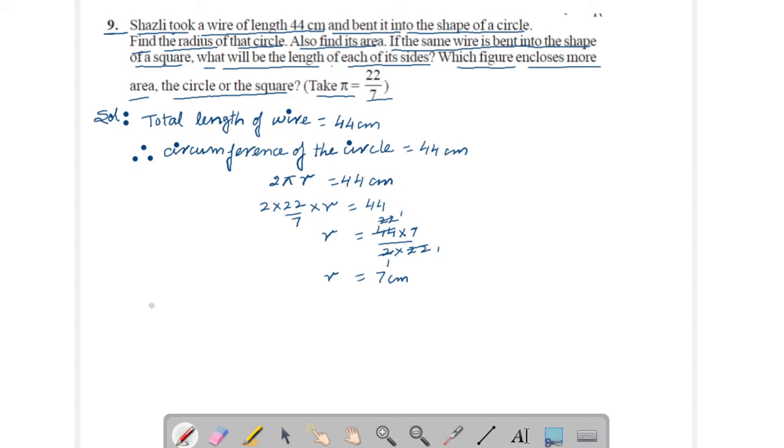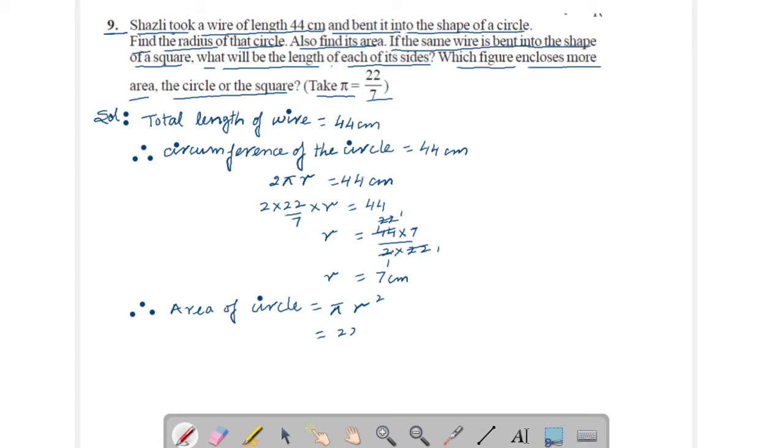Therefore, area of circle equal to pi r square. Put the value of pi and r.